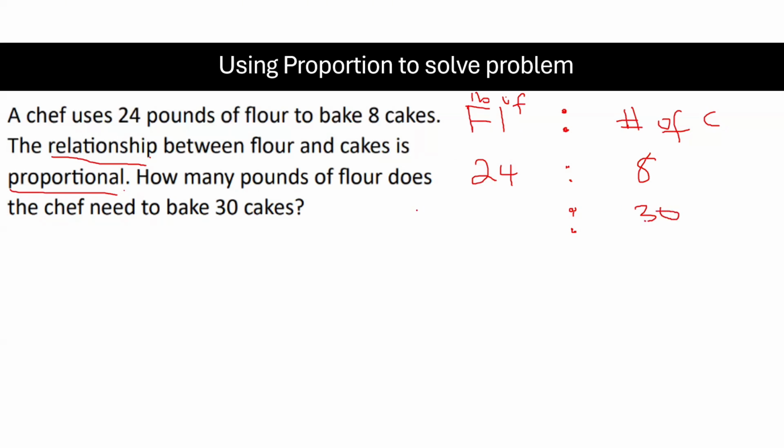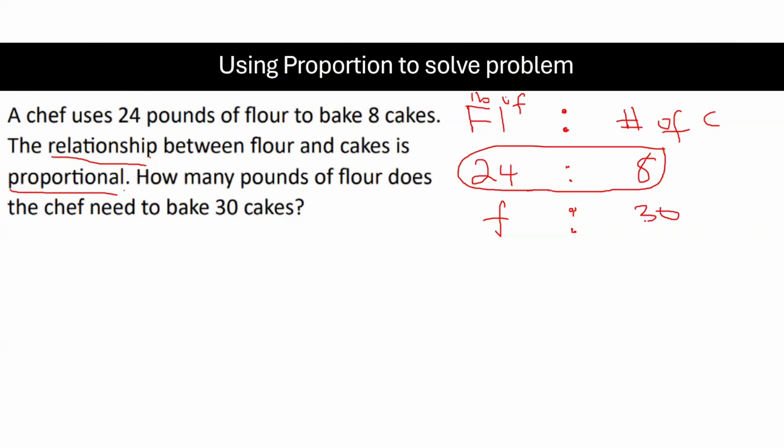Now it says how many pounds of flour? We don't know. We're going to call that F. I'm just going to use F to represent the variable since we're talking about flour, and F is the first letter of the word flour. Now that we have our ratio, we are going to write it as a fraction. We're going to write a proportion. Remember that we said a proportion is an equation in which two ratios are set equal to each other.